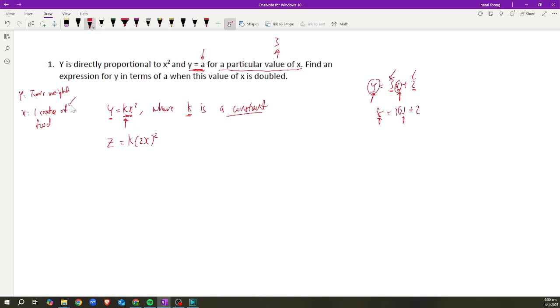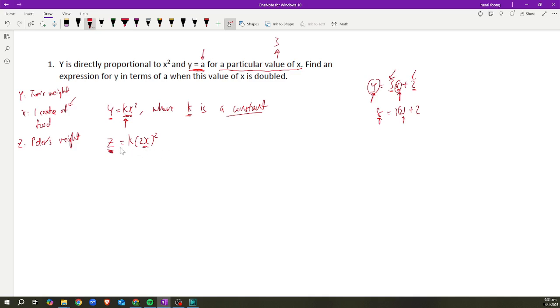Whatever amount of food you put inside the crate, you square that amount, and then you multiply by k. That will give you Tom's weight, right? Now we want to define z as Peter's weight. Instead of giving Peter one crate of food, we now give Peter 2 crates of food. That's double whatever food we are giving to Tom. So Peter's weight will represent Tom's weight if we double his food.